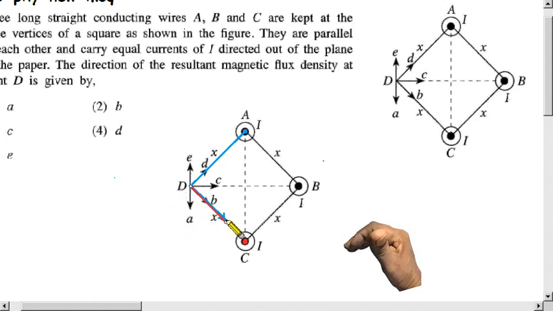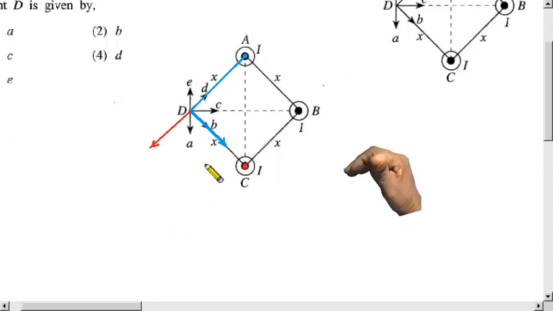So the length of the arrow must be equal to this blue one, because the distances are equal. Therefore these magnetic flux densities must also be equal, so the arrows must be equal in length.